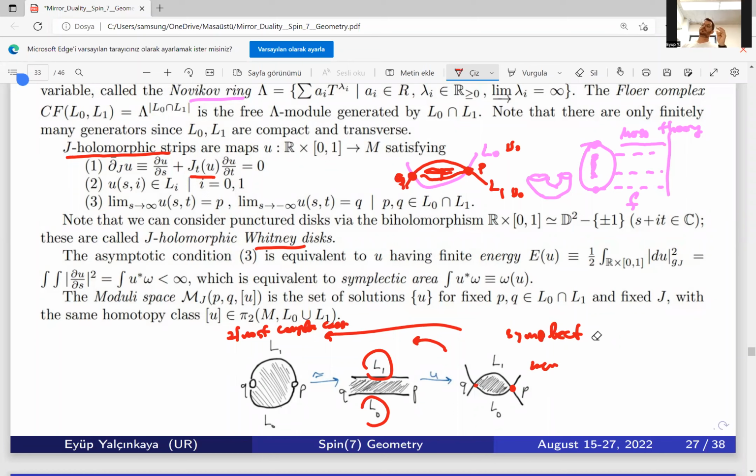Symplectic geometry and almost complex structure geometry: actually almost complex is defined on Riemannian manifolds, and this one-to-one relation is directly related to mirror duality. So mirror duality is more or less, now we can feel the idea.